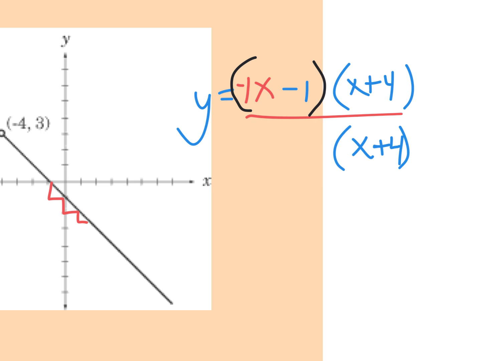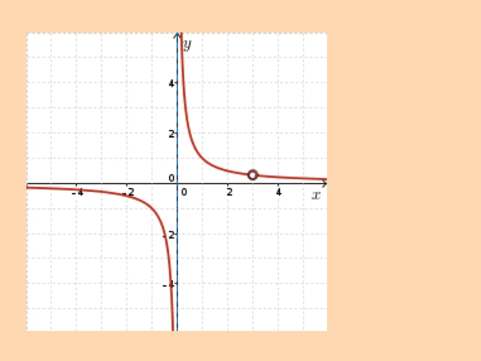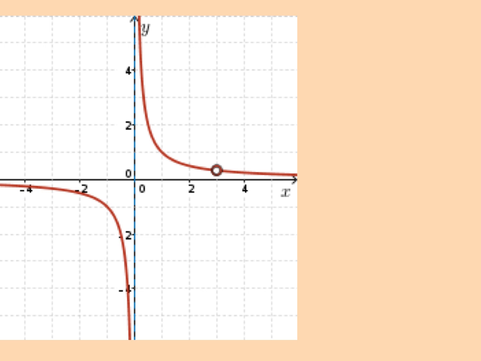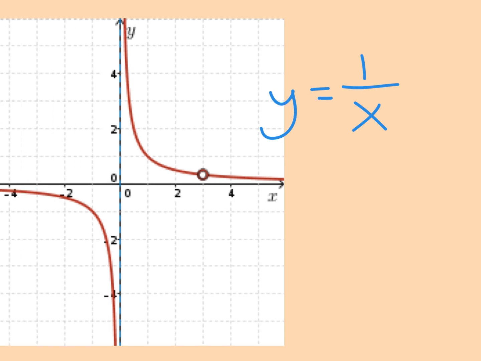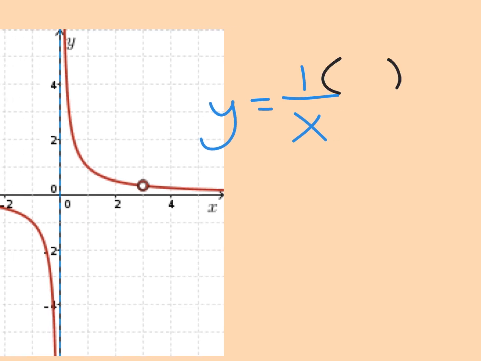Okay. That's how you write the equation. You act like there is no hole. You write the equation for that. And then you go stick the hole in. All right. Go to this one. Act like there is no hole there. What's the equation for that kind? 1 over x. And now there is a hole there.